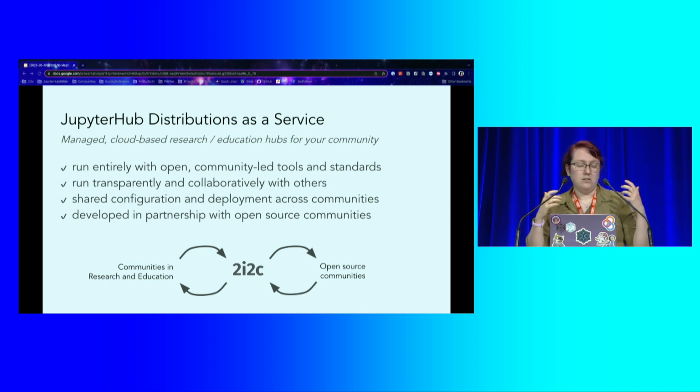We run these in a transparent and collaborative method. We have a shared responsibility model that invites participation from the communities we work with to help them shape their infrastructure, because it is their infrastructure. We are just managing and operating it on their behalf.